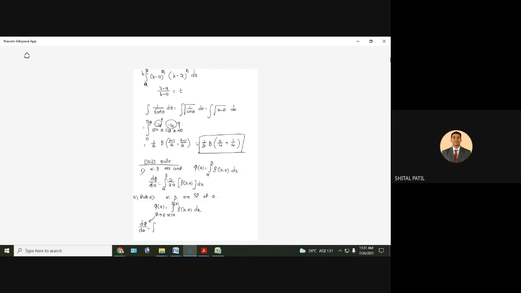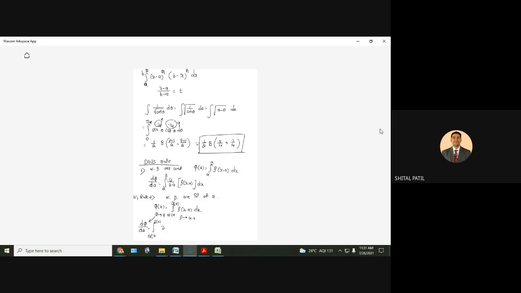Then alpha a to beta a. Then f is a function of two variables x and a.